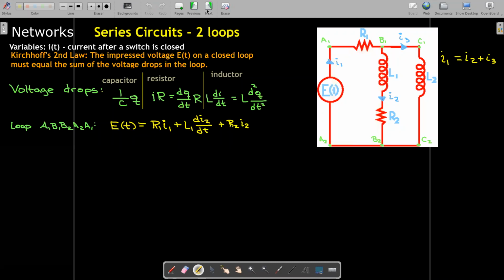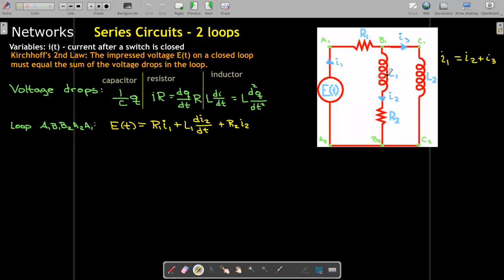Well, we've got our impressed voltage. That's going to equal the sum of the drops. I'm going to have a current of I1, which will pass through this resistor R1. So that's my first voltage drop. As I make the turn down here, some of the current goes towards C1, but I2 is the amount of current which goes towards B2.